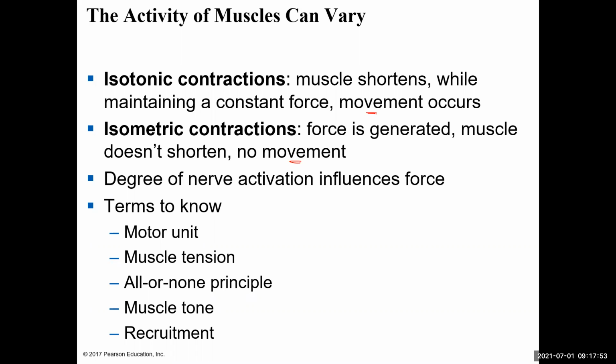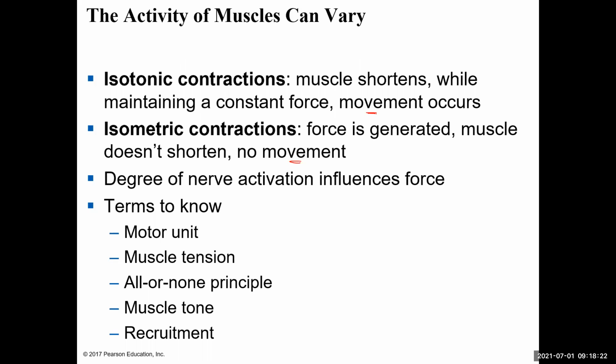An isotonic contraction is pretty much any movement contraction, like moving your elbows, walking, running, jumping, etc. An isometric contraction is, think about tightening up your abdominal muscles. You're generating a force, but there's no movement generated there.